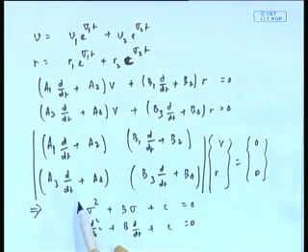Now, what is sigma? Sigma is supposed to be the roots of this equation, a sigma square plus b sigma plus c. What is a, b, c?